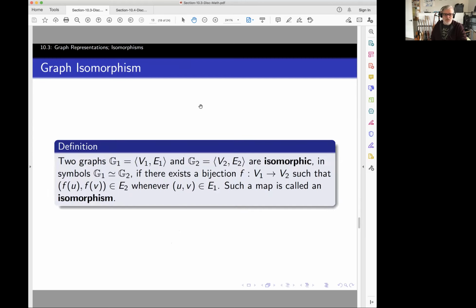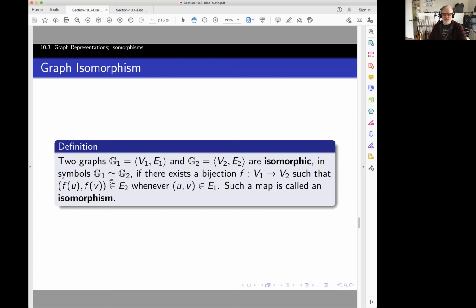That's the terminology. So let's define this properly. What does it mean that we're renaming things? It means that we have a bijection between the sets of vertices, but a specific kind of bijection. So I have 2 graphs, G1 with vertex set V1 and edge set E1, and a second graph, G2 with vertex set V2 and edge set E2. Now we'll say that they are isomorphic.